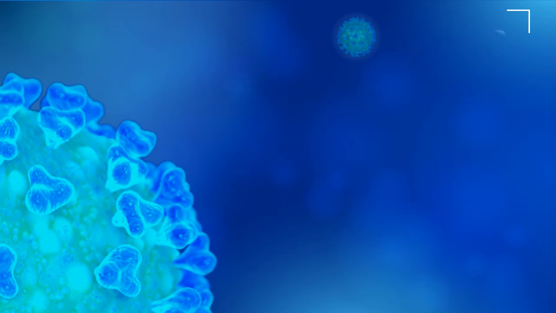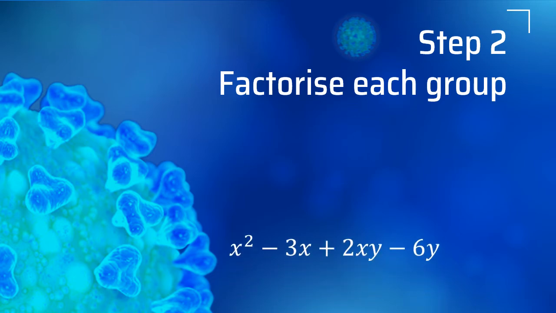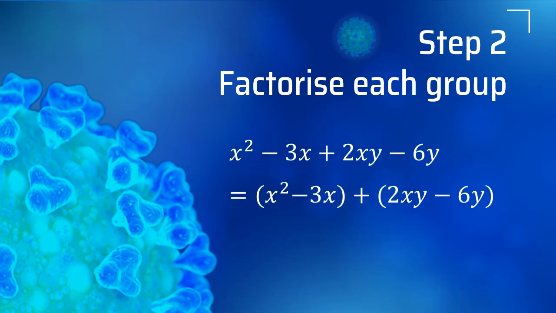And then step 2, we need to factorize each group. So the first group, x squared and minus 3x can be divided by x. So I put x outside. The second group, 2xy minus 6y can be divided by 2 and y. So I put 2y outside.